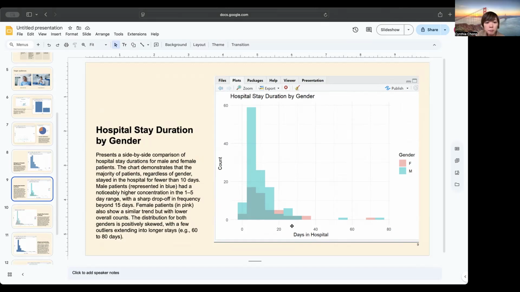But also, male patients represent a higher concentration in 1 to 5 days, with a sharp drop-off in frequency after 15 days. Female patients in pink show a similar trend, but a lower count overall, since the blue drops and you can see a little bit more of the pink bar. The distribution for both genders is positively skewed, with fewer patients extending into longer stays.